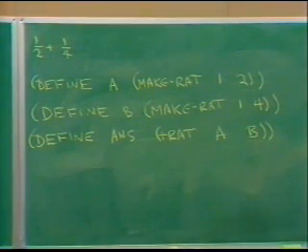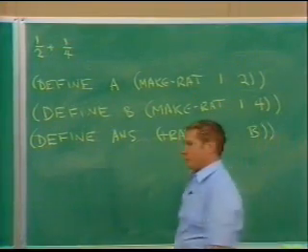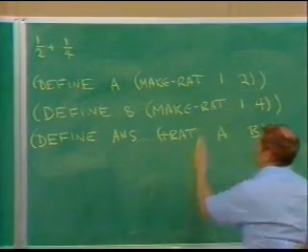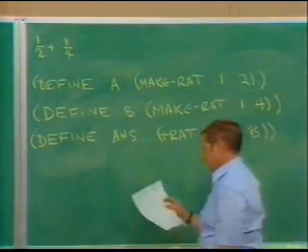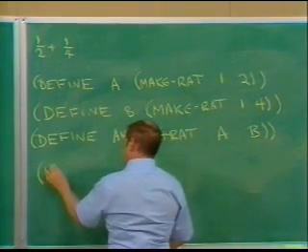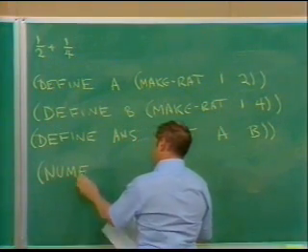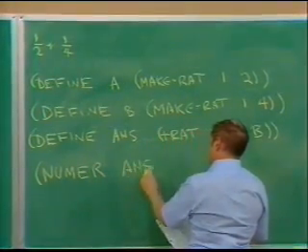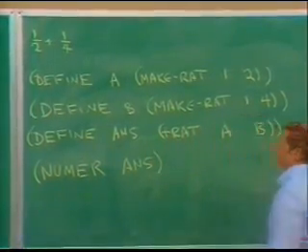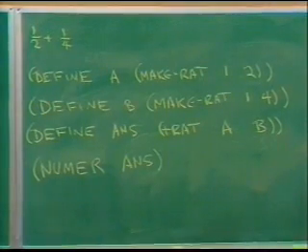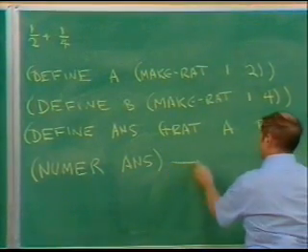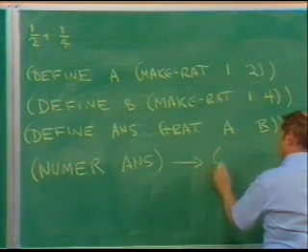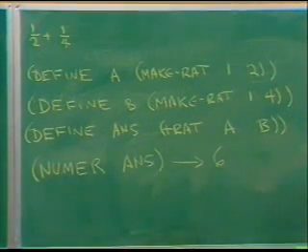And now I can say, what's the answer? What are the numerators and denominators of the answer? So if I'm adding 1/2 and 1/4, I'll say, what is the numerator of the answer? And the system is going to type out, well, 6. Bad news.